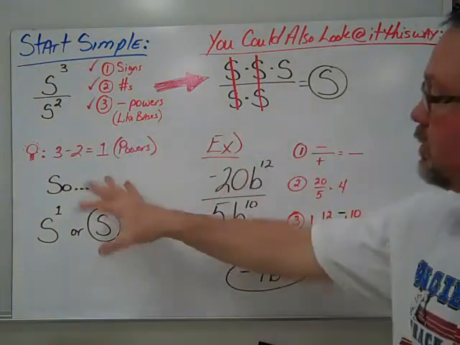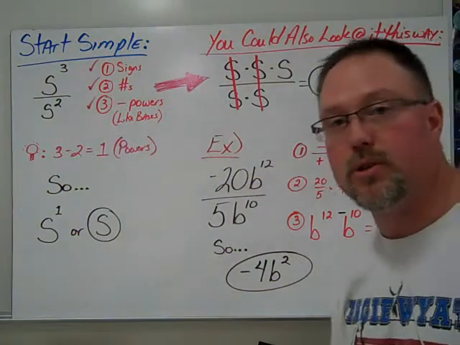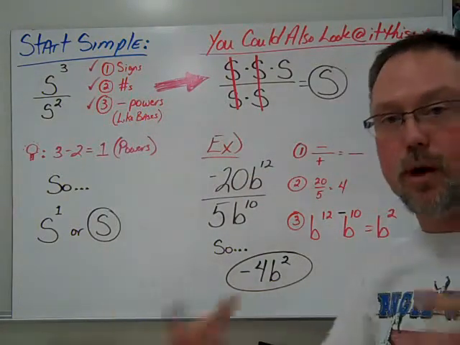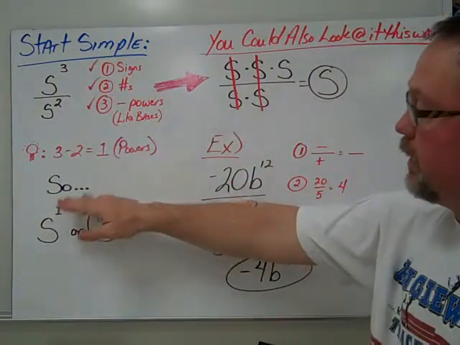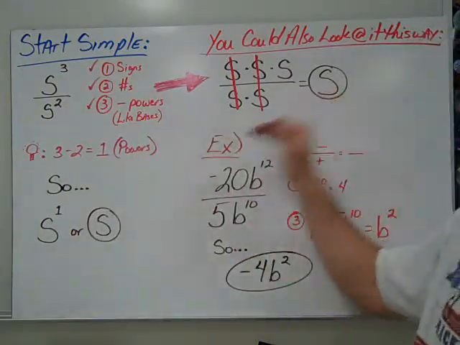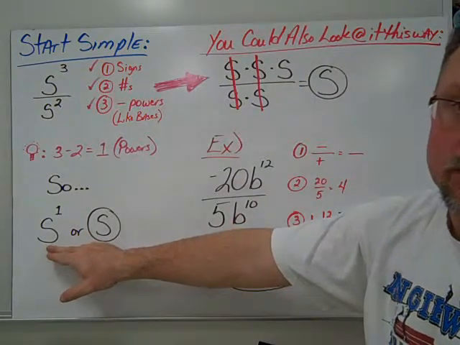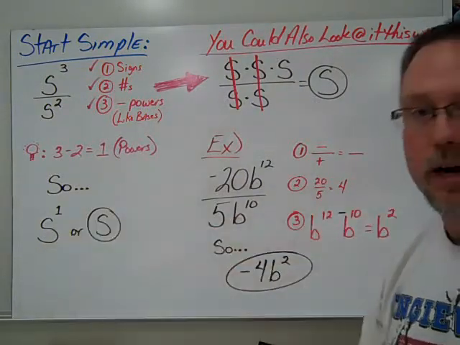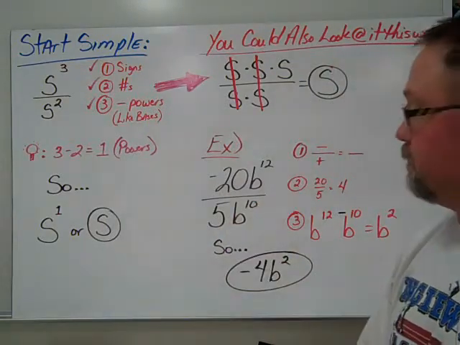In either direction, this second way is going to be a little more difficult once you start getting into larger problems, especially with bigger powers, so subtracting the powers is the way that you want to go. Either way, you're going to end up with s for your answer. You may want to write the 1 first, but you'll never see the 1 up there. Again, 1 is an assumed number. It won't be shown.